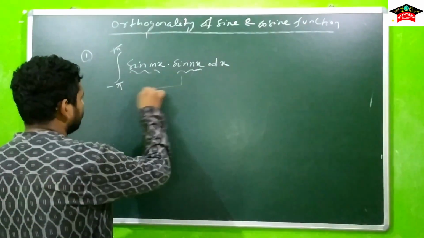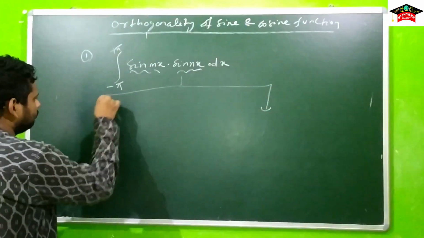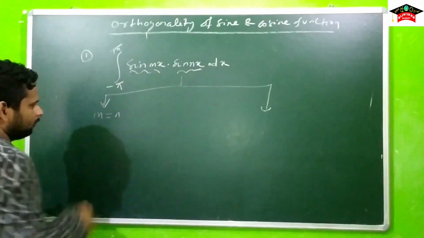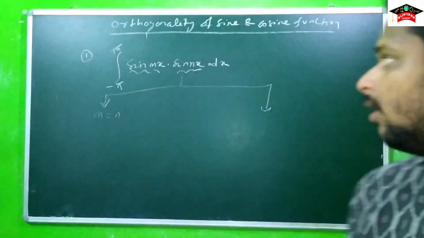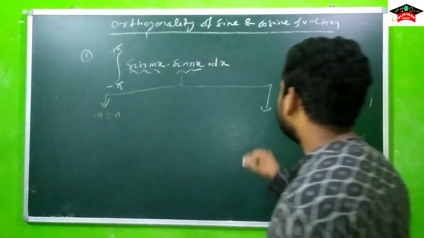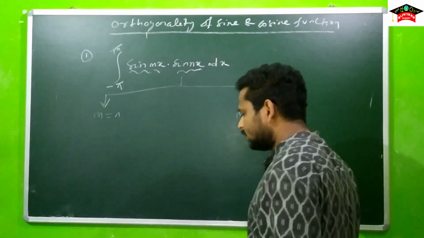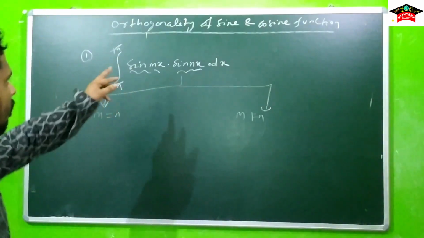That means we can take the same integration with, let m be equal to n, that means whatever the value of m is exactly the same as that of n, and m may not be equal to n. So these are the two conditions, or two subsections, of the integration.